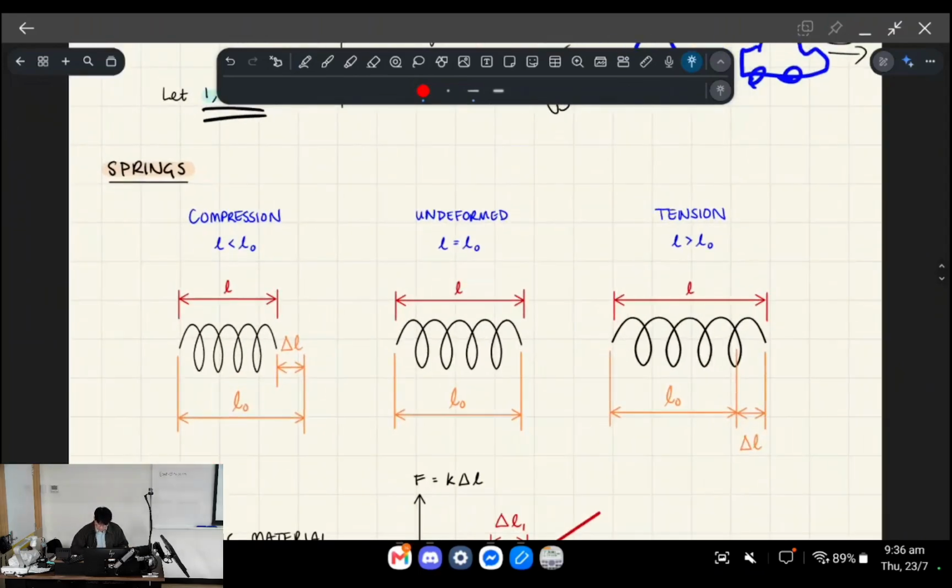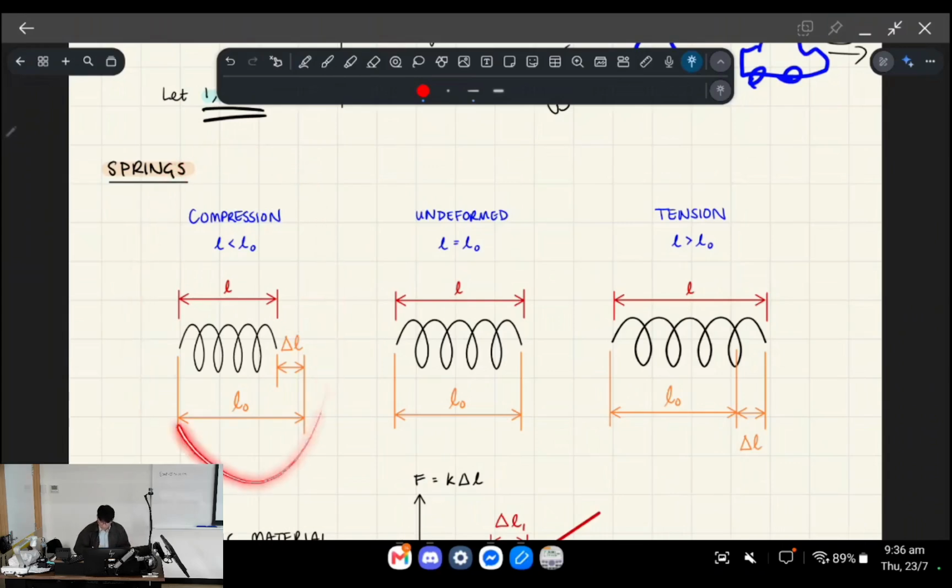So a spring will usually be a coil made out of steel or some other metal, and it's got this undeformed length, which is called its equilibrium length. This is basically the length which it wants to be at so that it doesn't feel the need to oscillate.